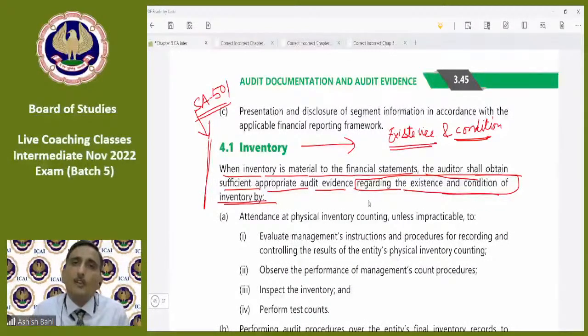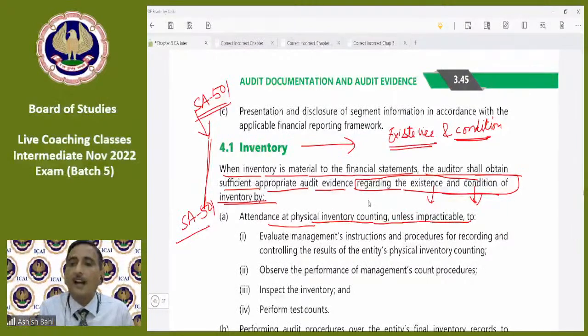How would he come to know that so much inventory, so much stock, was existing as on that date? The SA 501 states that he would obtain sufficient appropriate audit evidence regarding the existence and condition of inventory by attending physical inventory counting unless impracticable.